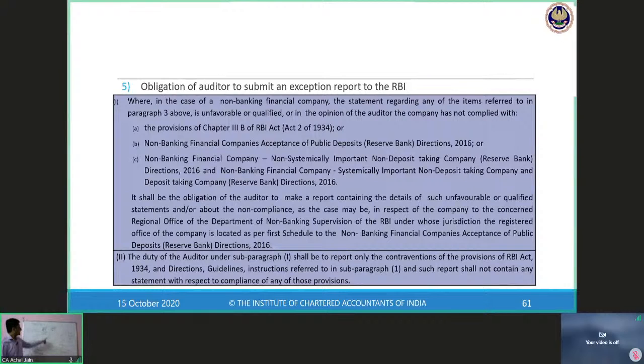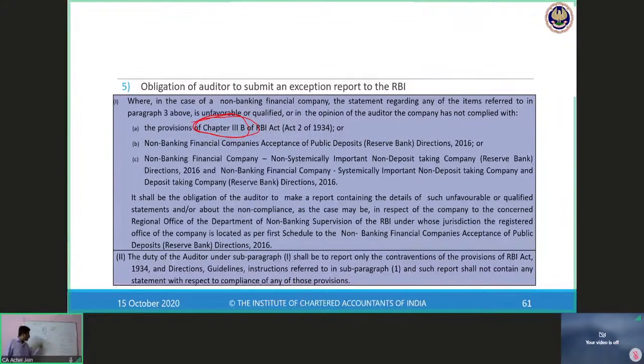Which one is this? 3, covering A, B, C, D. So wherein the statement is unfavorable or qualified, or in the opinion of the auditor, company has not complied with provisions of RBI Act, specified provision of the RBI Act. Which provision is this? Chapter 3B. We are saying 1, it's 3 plus 4. So what's the reporting in the statement?